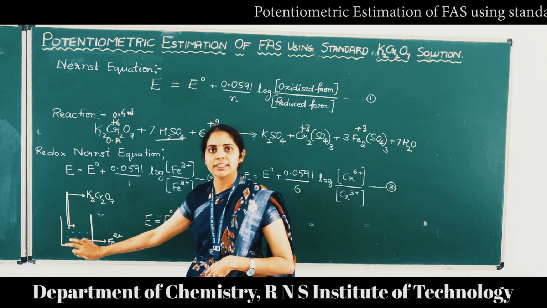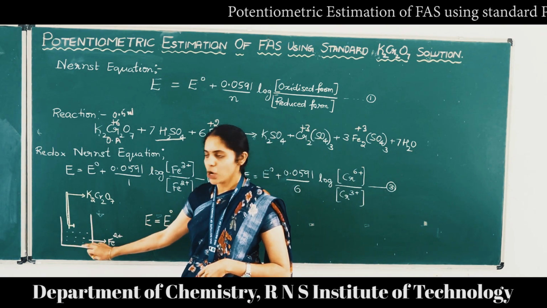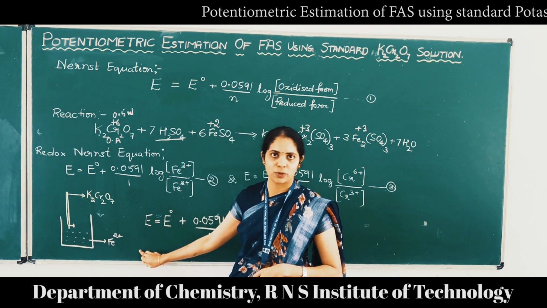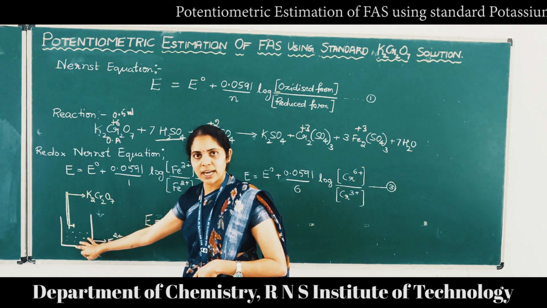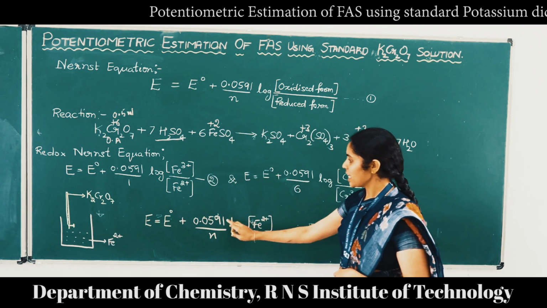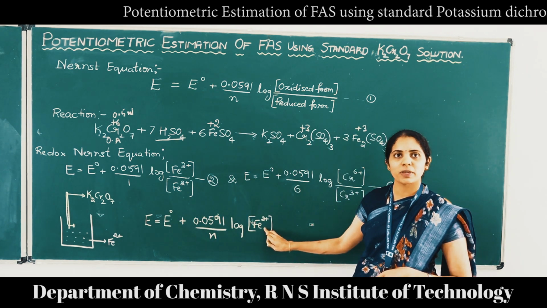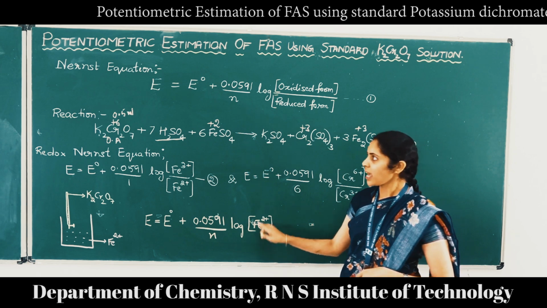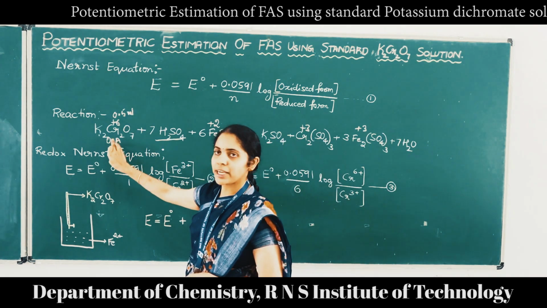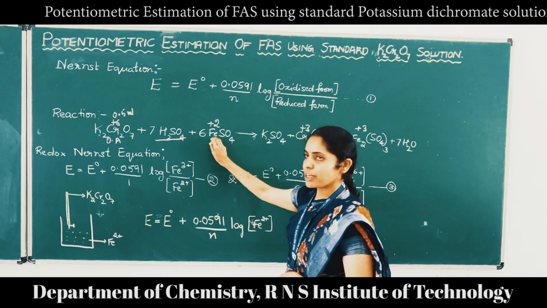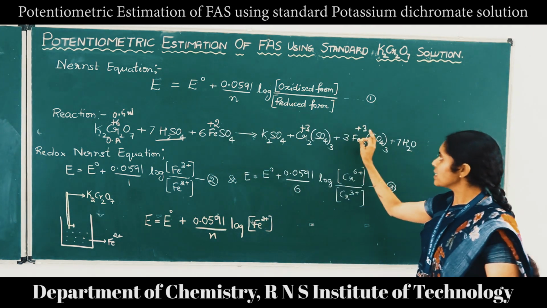Initially in the beaker you have FAS solution where you have only Fe2+ ions. Now when electrodes are dipped, the potential generated is because of only the Fe2+ ions in the beaker. As you add 0.5 ml of dichromate, some of the Fe2+ ions get oxidized to Fe3+.